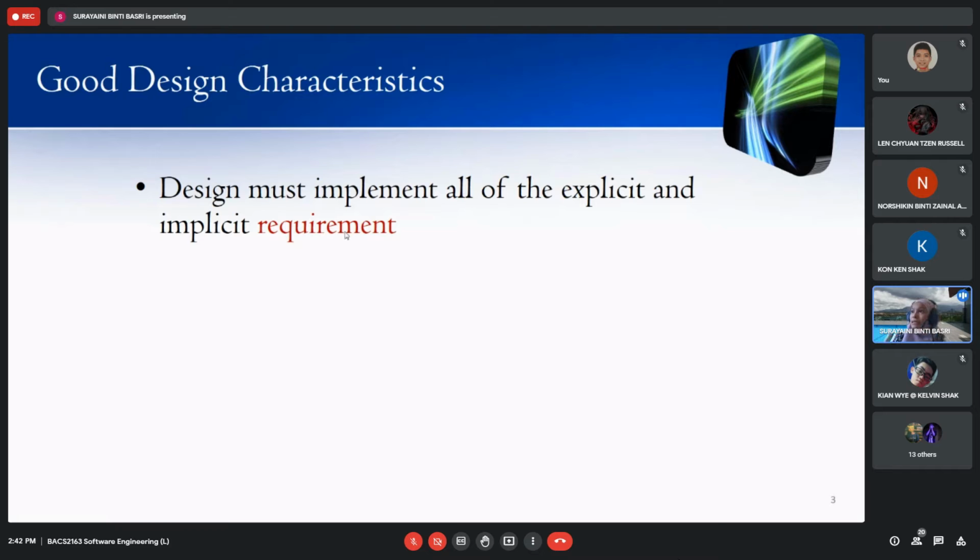The design process is the stage that you will need to go through after the SRS has been completed. Based on that SRS, you take it, read it, analyze it, and then you come out with the design. Before we proceed to the design, we should know this characteristic.